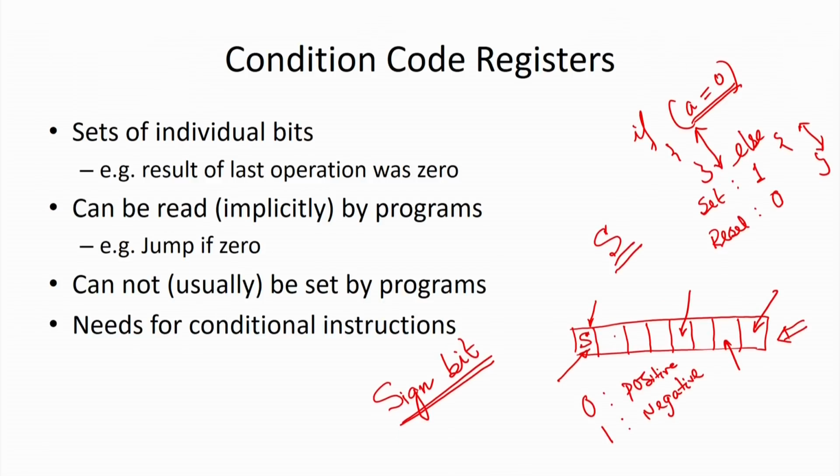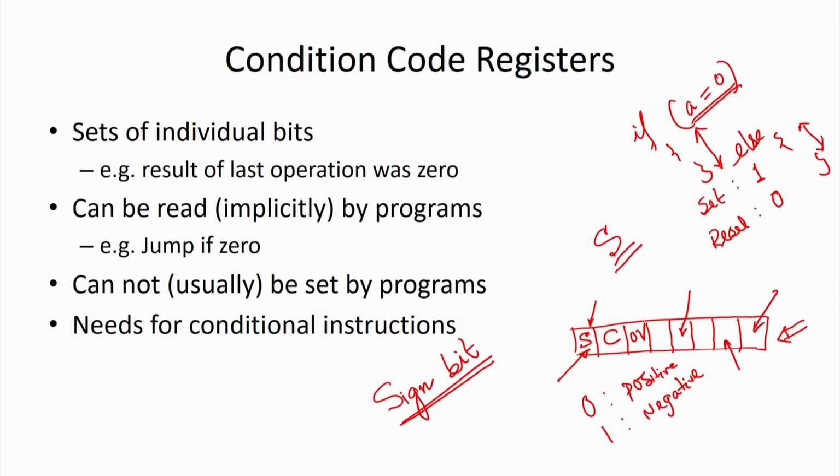Like that, another condition code I can say is the carry flag. Already I have said that we have a carry out of an adder circuit. Similarly, we can have an overflow bit condition code, because we have seen that the range of numbers is restricted by the design of the processor. We cannot go from minus infinity to plus infinity.